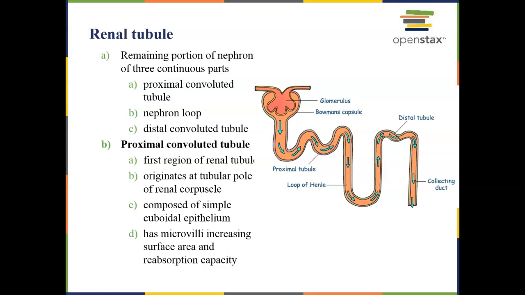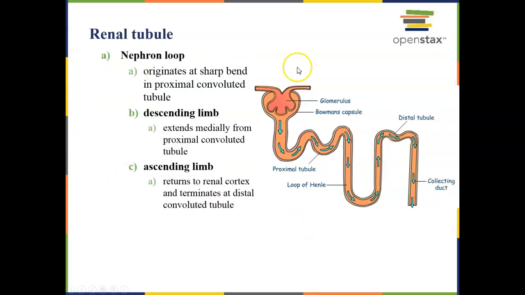The reason for this is they have microvilli in the proximal convoluted tubule, which increase surface area for reabsorption. So from the proximal convoluted tubule, materials move into this loop of Henle. You have a descending loop of Henle and an ascending loop of Henle.